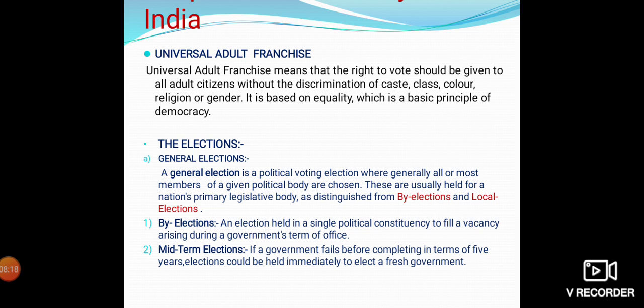Our next topic is general election and its types. A general election is an election held to choose among candidates nominated in a primary convention for federal, state or local office.